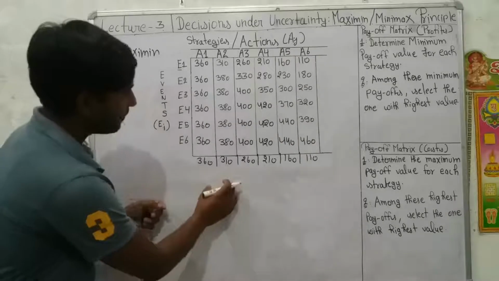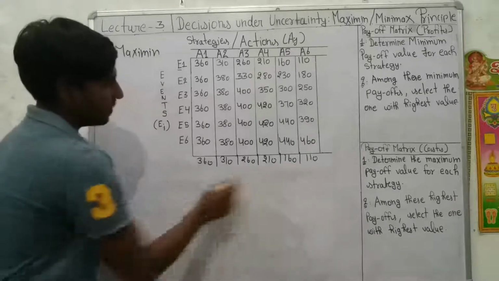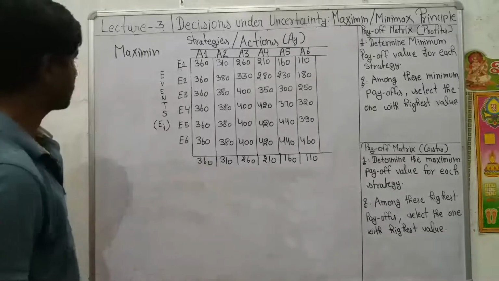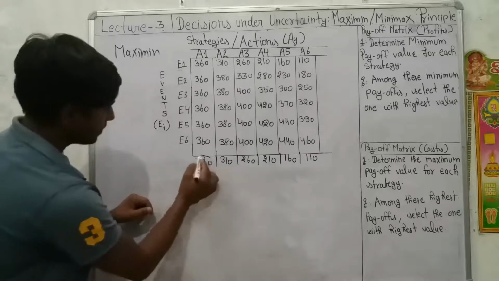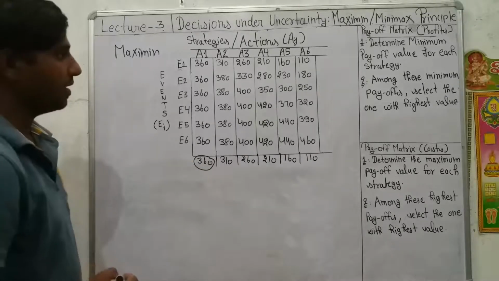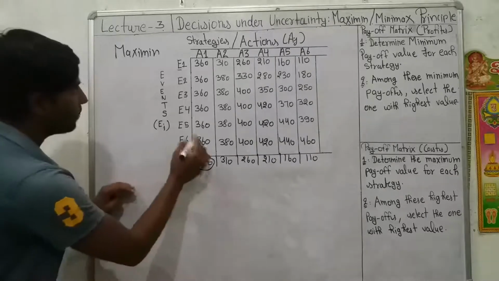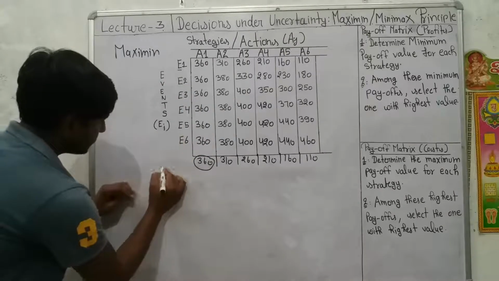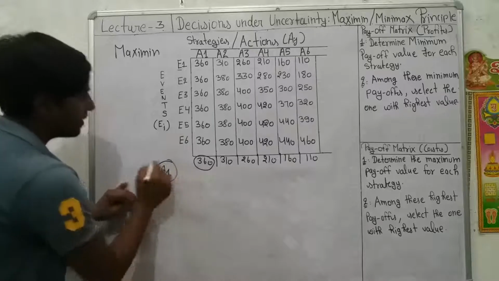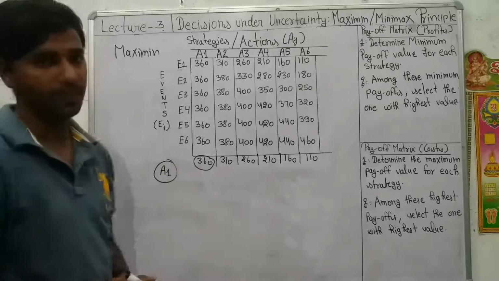The maximum value among these minimum values is 360. If so, the optimal action taken by the company is action 1 because it brings the maximum profit to the company.